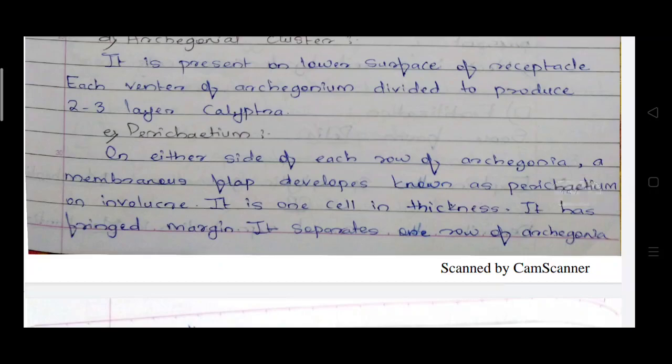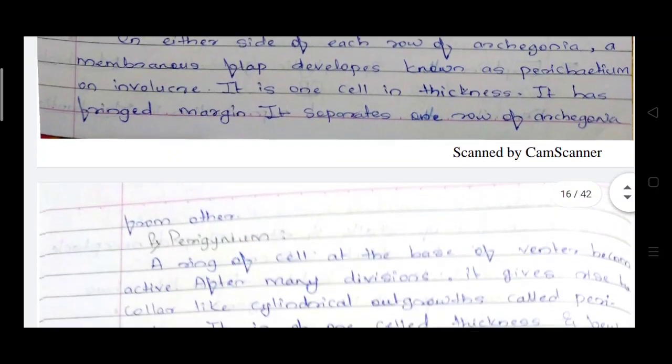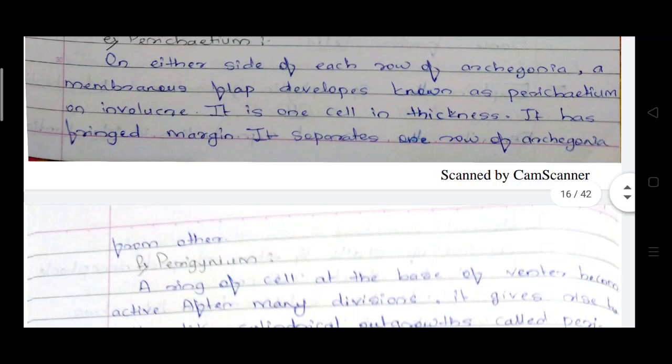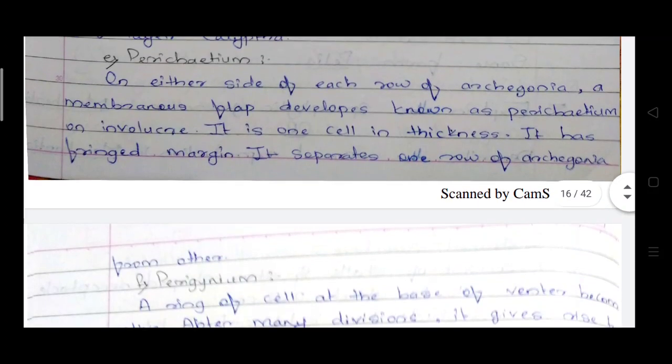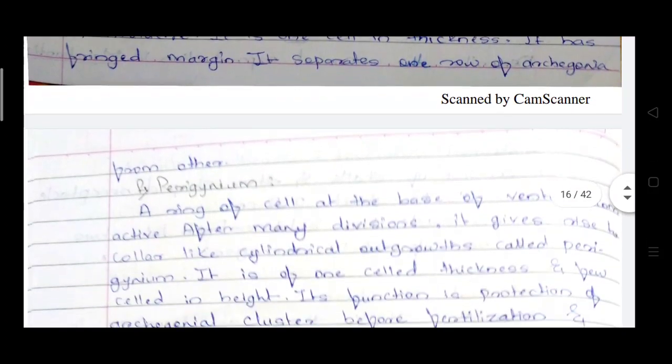Then on either side of each row of archegonia, a membranous flap develops, known as the perichaetium, also called the involucre. It is one cell thick with a fringed margin, and it separates the row of archegonia from the others. So it is also one of the outer coverings of the archegonium.